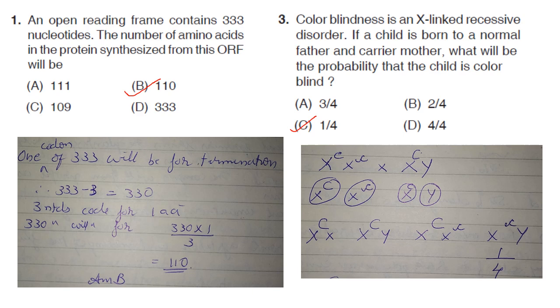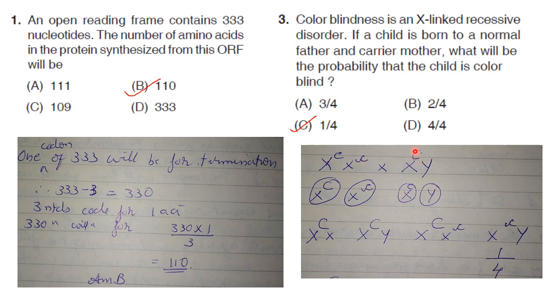Then next one. Color blindness is an X-linked recessive disorder. If a child is born to a normal father and carrier mother, what will be the probability that the child is colorblind? So color blindness is X-linked recessive and the child is born to a normal father and carrier mother. The normal is capital C and the small c is the recessive phenotype.